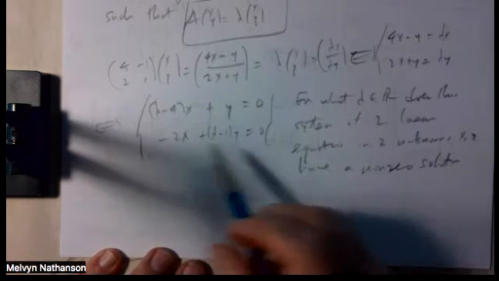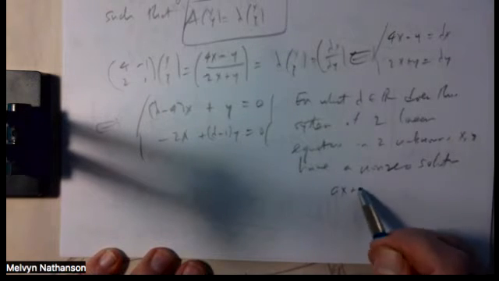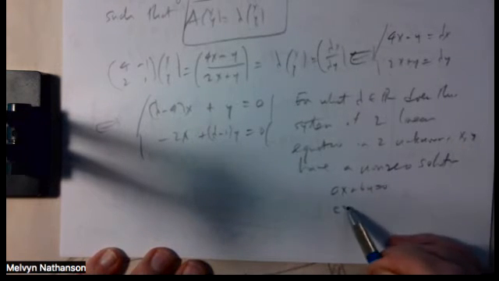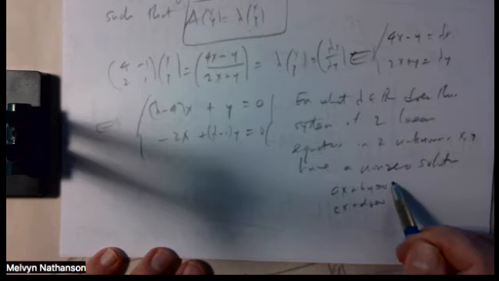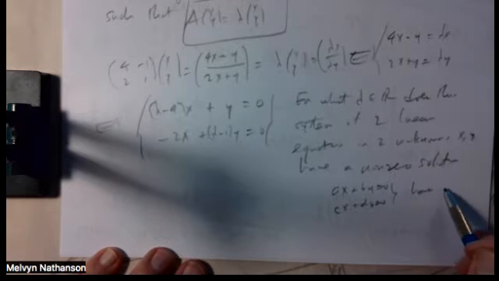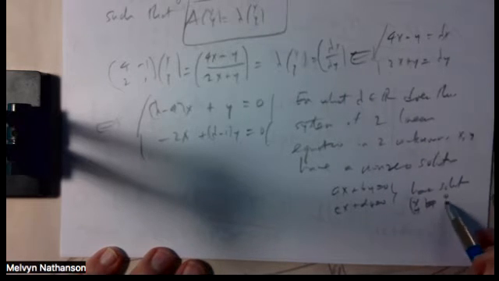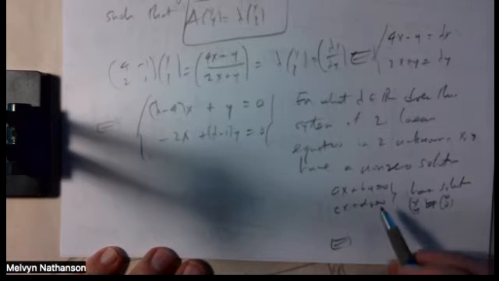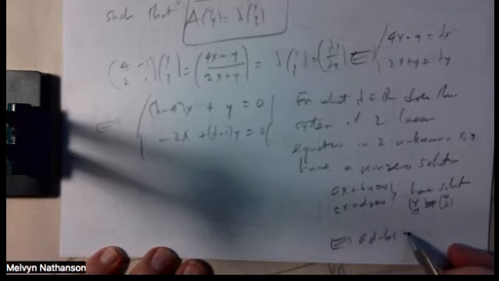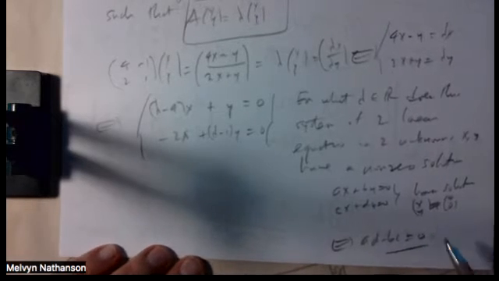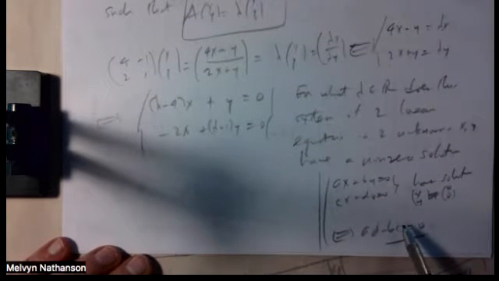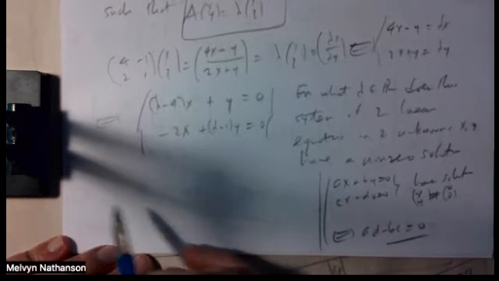If you have ax plus by equals 0, cx plus dy equals 0, this has a solution where x, y is not 0, 0, if and only if the determinant ad minus bc is 0. That's this little bit of linear algebra, which is basically high school.